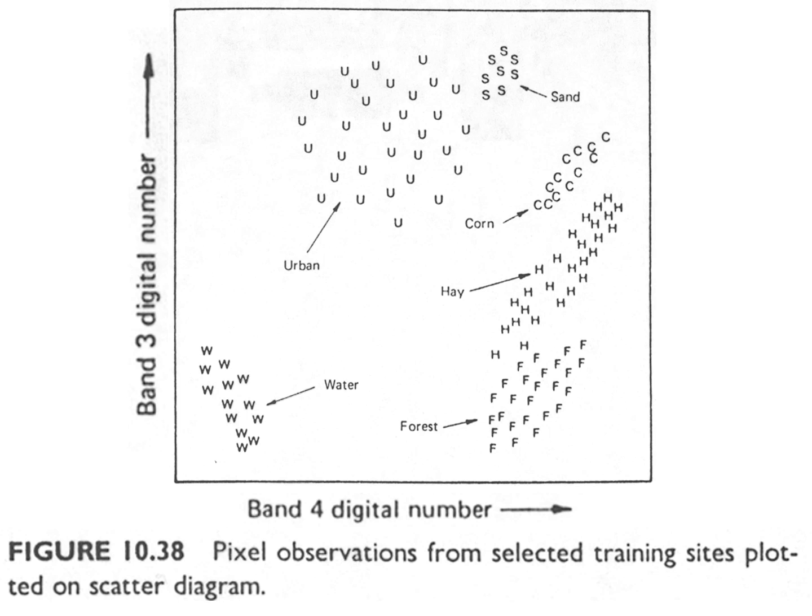So each one of those was generated by digitizing a small area on the image and calling it one of those classes, and then average spectral values were calculated for each one, and the class code was plotted at the position implied by the mean spectral values.